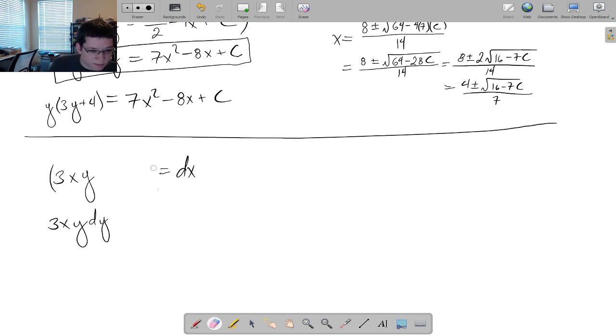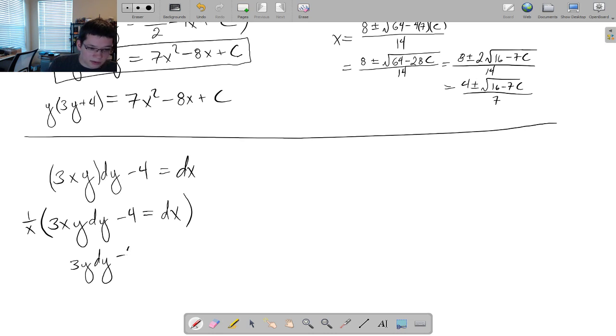That's not what I wanted it to be. But now we have this extra x in with the y's, and we need it to not be. So we're going to divide by x. And we'll end up with 3y dy minus 4 over x equals 1 over x dx.